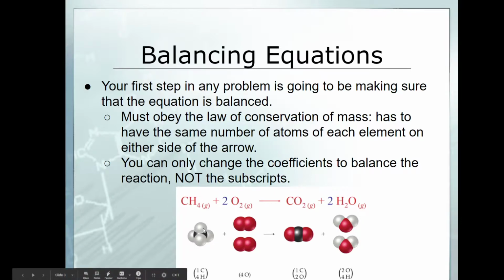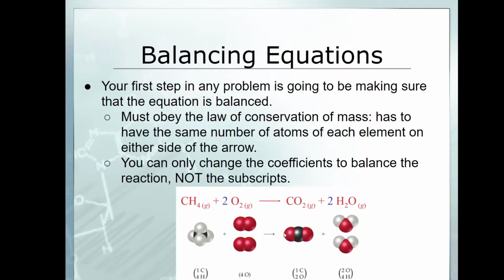So if we look down here, we've got our CH4, which has the one carbon in the middle and then 4 hydrogens around it. And in this balanced version, it's got 2 O2 molecules, a total of 4 oxygen atoms. Over on the right side, we've got CO2, so there's our 1 carbon and 1 carbon over here.